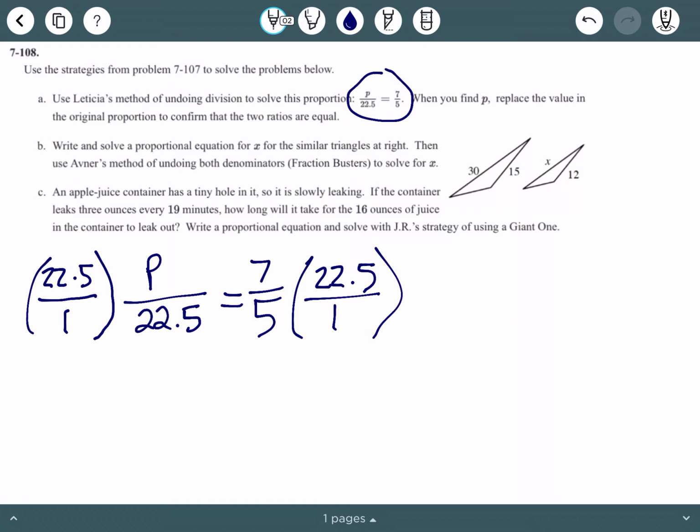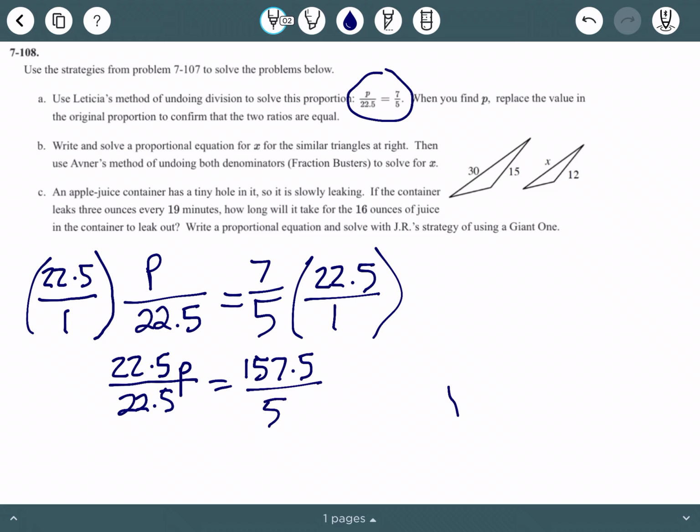Alright, so now that we have this set up, let's go ahead and solve for P. So 22.5P is what I'll have on top because 22.5 times P gives me 22.5P over 22.5, and we'll set that equal to, alright, we have to multiply 7 by 22.5, and when we do that, we should get 157.5 over 5.